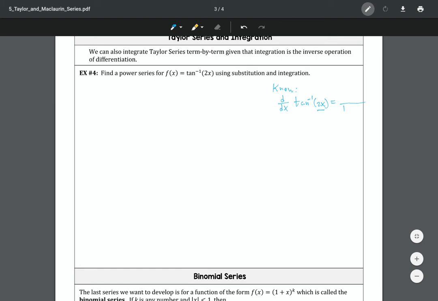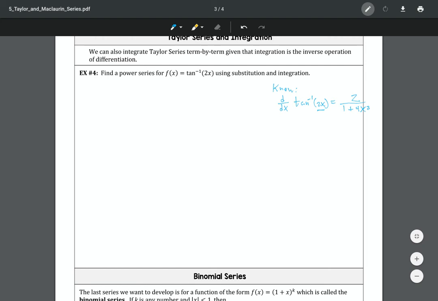U is 2x, so if I square that, I get 4x squared, times the derivative of u. Since u is 2x, the derivative of that is 2. So again, if you have any more questions about that, please let me know.